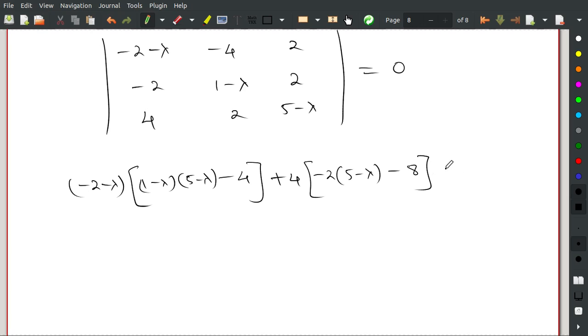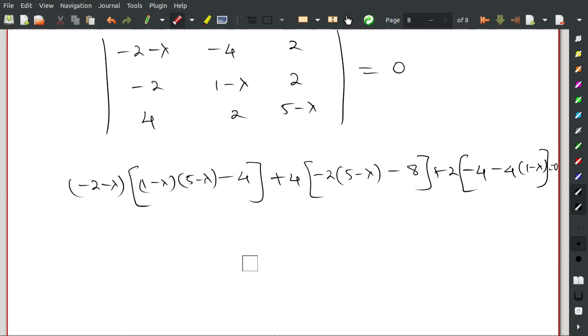And finally we have plus 2 times this 2. We have to skip this column and this row. So we have 2 minus 2 into 2 is minus 4 times 1 minus lambda, equal to 0.